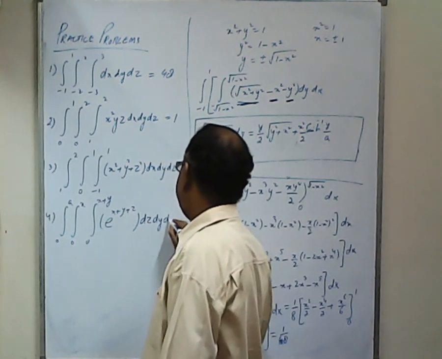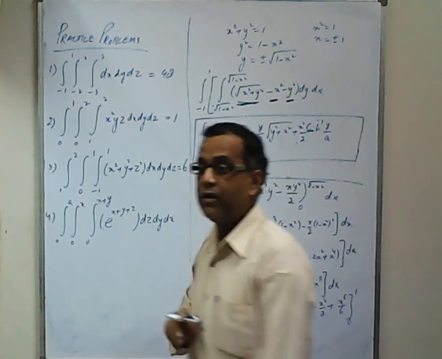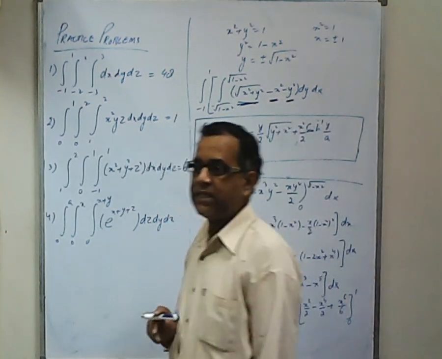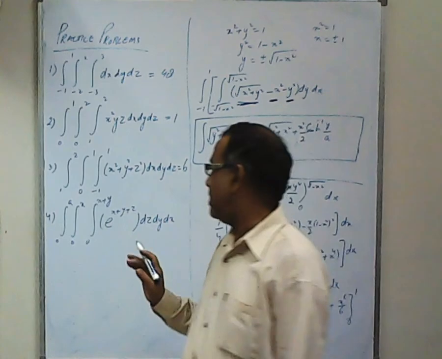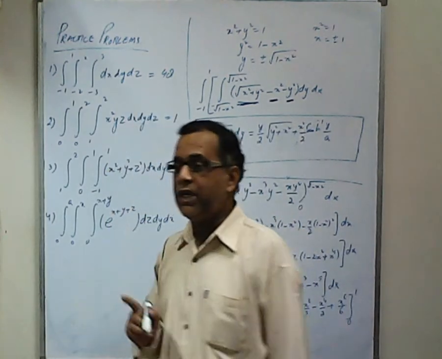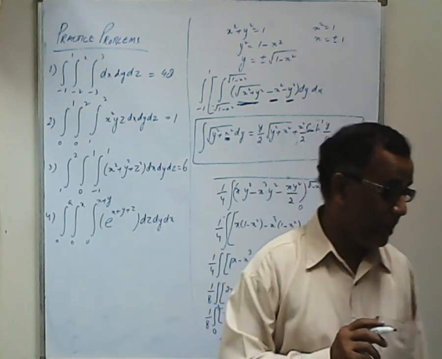This is the correct order. Why I told you that if we have two limits x and y in any integral, it gives you an indication that you have to integrate with respect to z first.